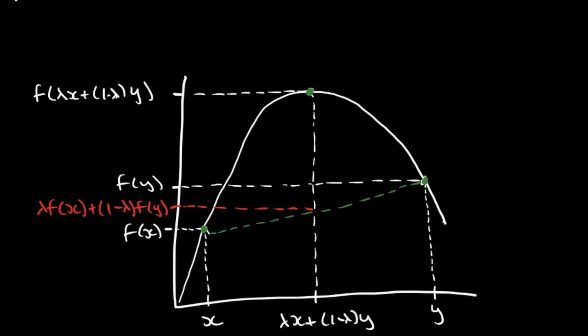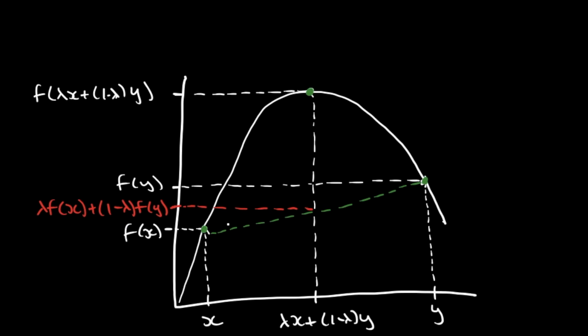So I've just drawn this graph again, hopefully a little bit clearer, because I realized that was probably quite a lot to take in. So I'm just going to go over it one more time now. Here is our linear combination of the 2 points, and here is our linear combination of the 2 functions. And here is a line that is kind of the line of the linear combination of the functions.